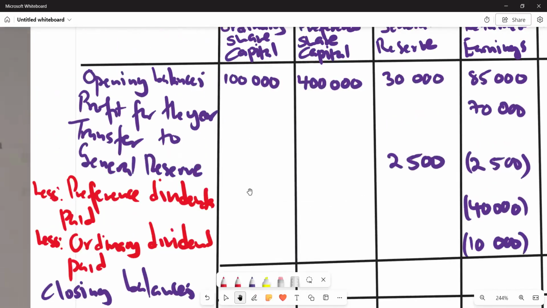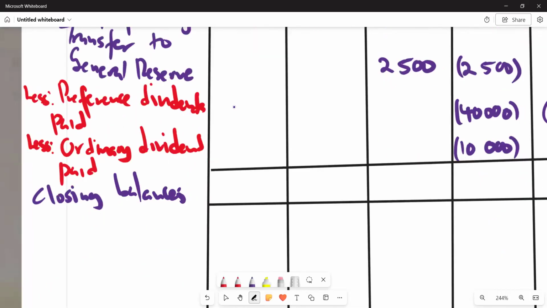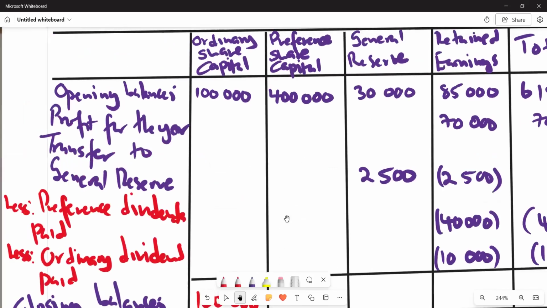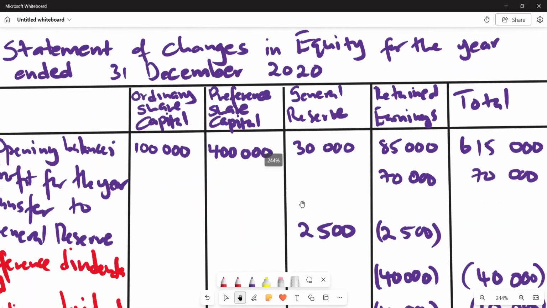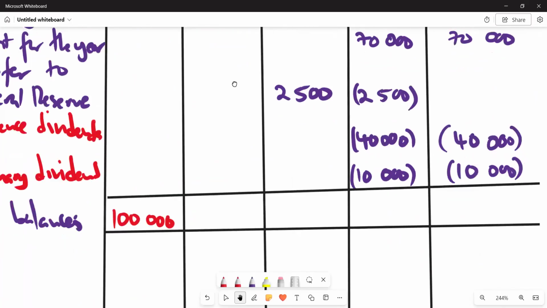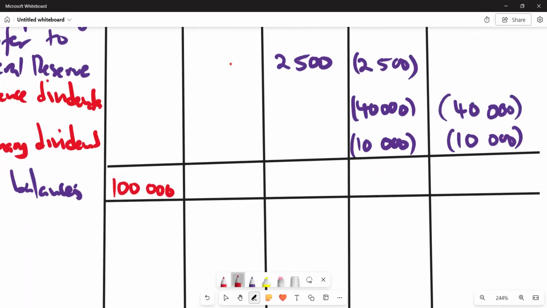We have 100,000 and no adjustments along the column. So we can just put our 100,000. Then our next column, we are having our preference share capital, whereby we're having 400,000. So we can as well put our 400 there since we have no adjustment.